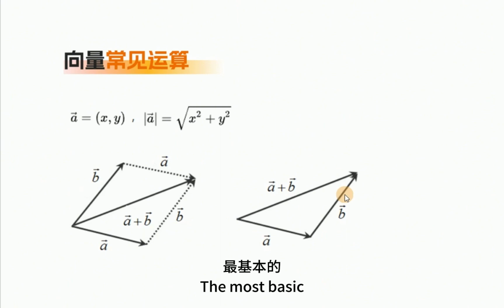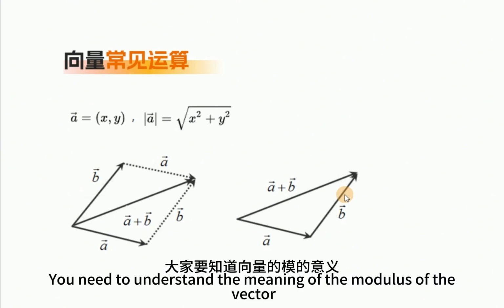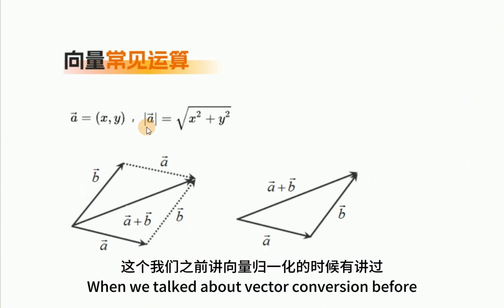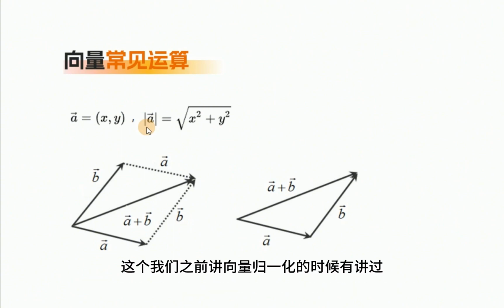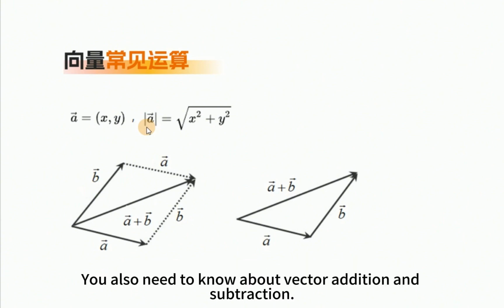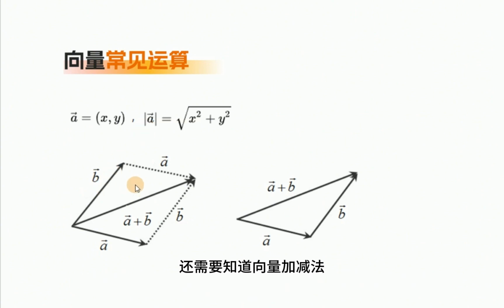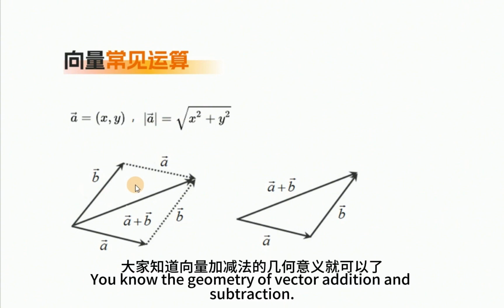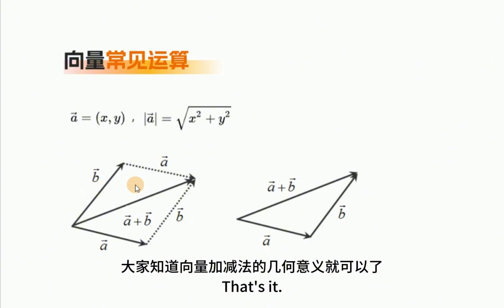The most basic thing: you need to understand the meaning of the modulus of the vector. We talked about vector conversion before. You also need to know about vector addition and subtraction. This is in high school math. You know the geometry of vector addition and subtraction.